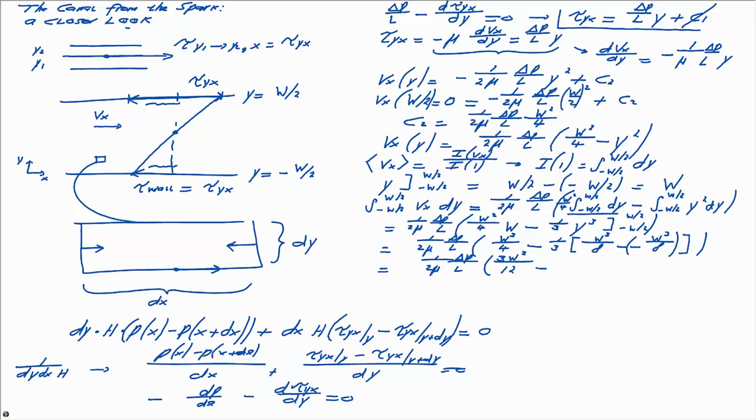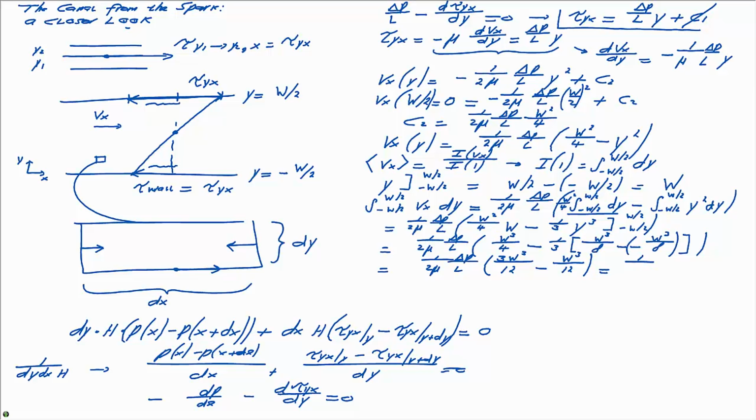So that's W to the power 3 divided by 4, times 1/3, is W to the power 3 divided by 12. And then 3/12 minus 1/12 is 2/12, or 1/6.